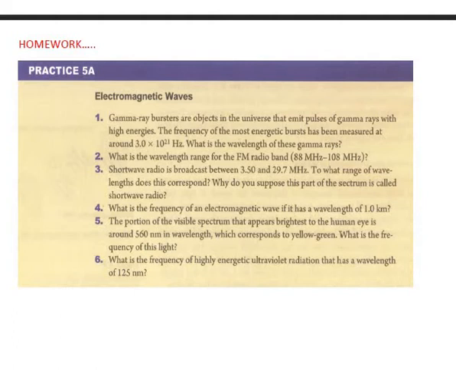It says find lambda. Again, speed of light is not given, so you have to memorize it. Second question, what is the wavelength range for the FM radio band? Here again wavelength lambda is asked, but we have two frequencies: 88 MHz and 108 MHz. What does M mean? It means mega.